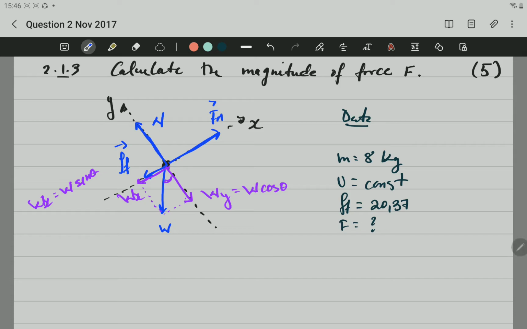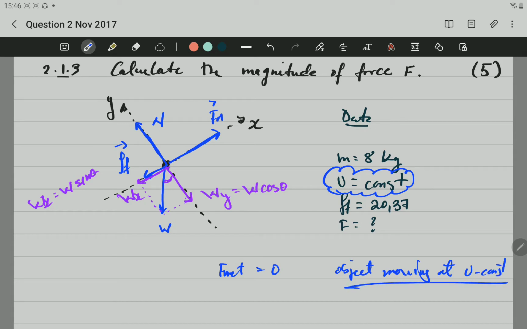The object is moving at constant velocity, therefore we have to apply Newton's first law. Newton's first law says that the net force is equal to 0 because the object is moving at constant v. Remember you stated the law in the first question.